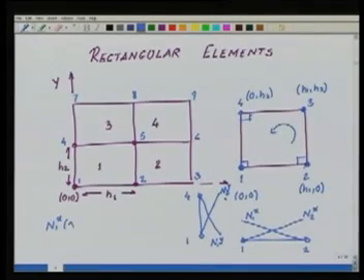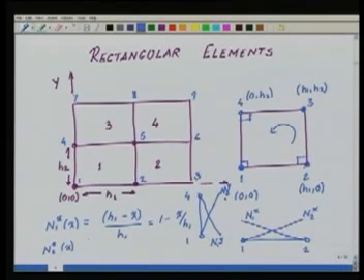Okay. What is n1 of x? As a function of x on this edge, it's quite easy to define this shape function. It should vanish at this point. It should be equal to 1 here. So I will define it as h1 minus x divided by h1, or which is 1 minus x by h1. The second one, n2 of x as a function of x, because these are one-dimensional shape functions and along this edge there will be only functions of x.